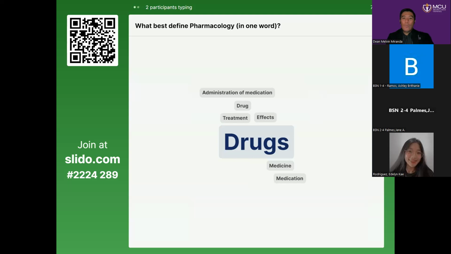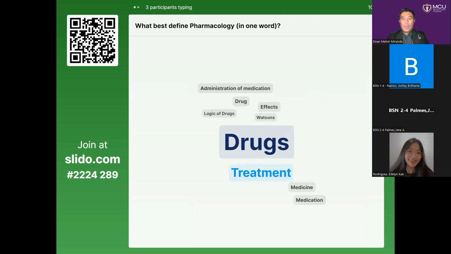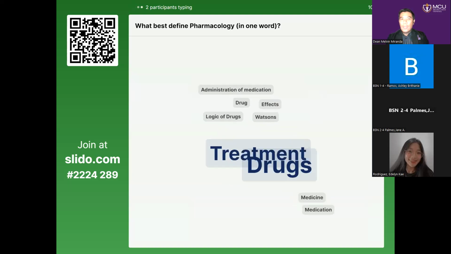Treatment, it's all about drugs. The word that has been highlighted here with a bigger font is the one with the common answers or responses of our students. Again, 36, hoping we could maximize those answers.